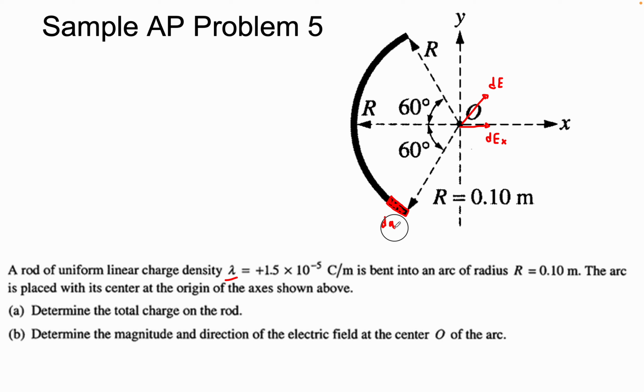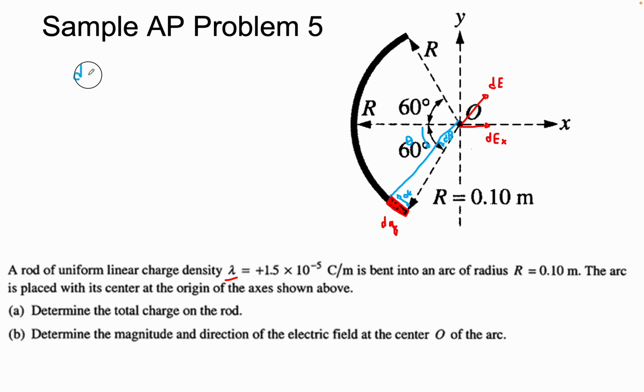So if you figure out what ds is equal to in this case, let me draw my little arc here. Pretend that's straight. This arc length right here is ds wide, and this angle here would be theta. And I'm just going to set it up without actually doing it, and this little angle here would be d theta. You can figure out the charge.